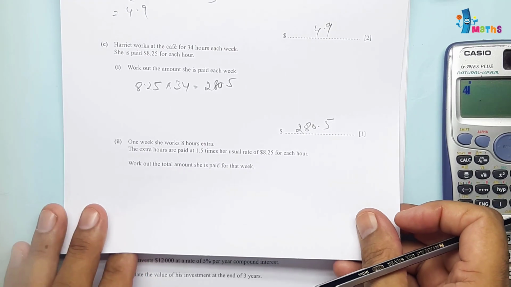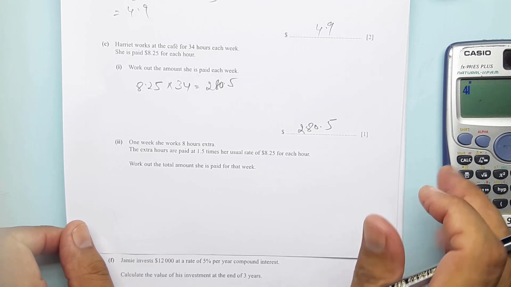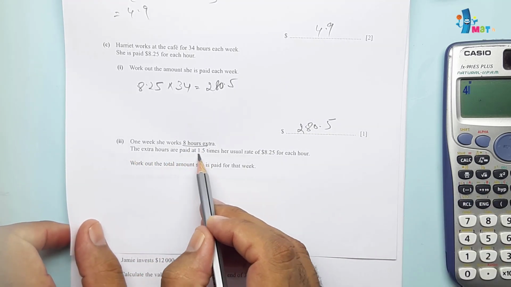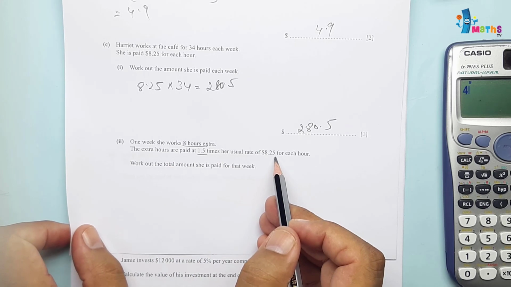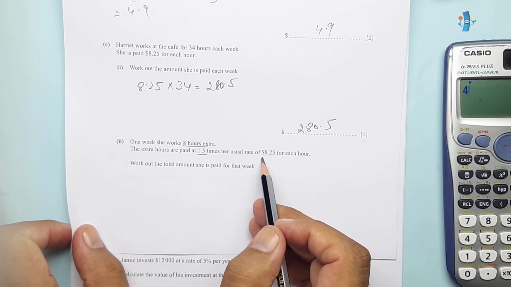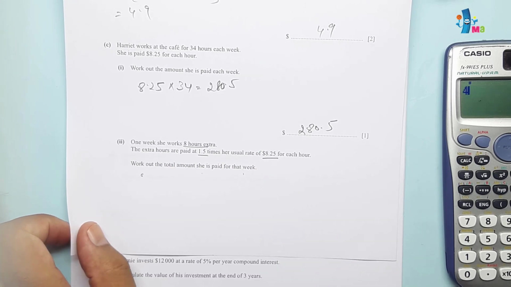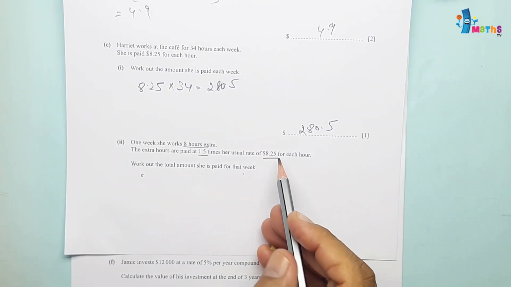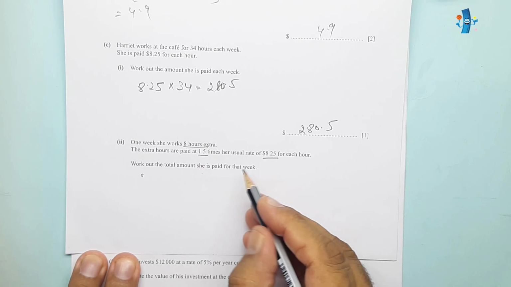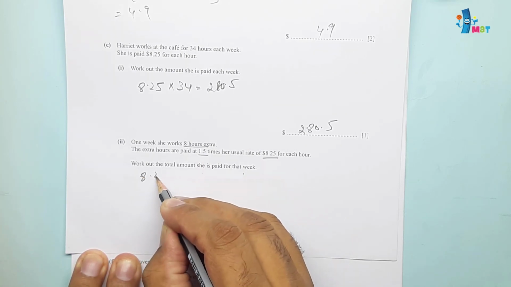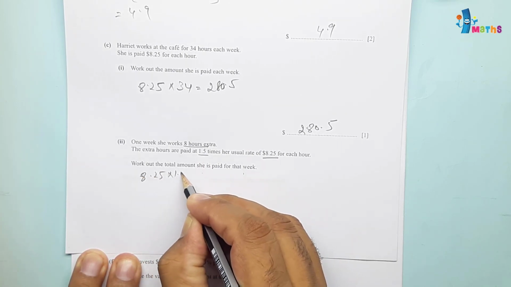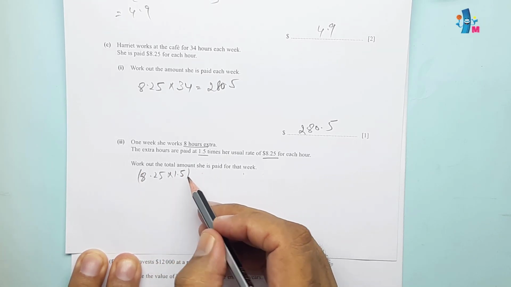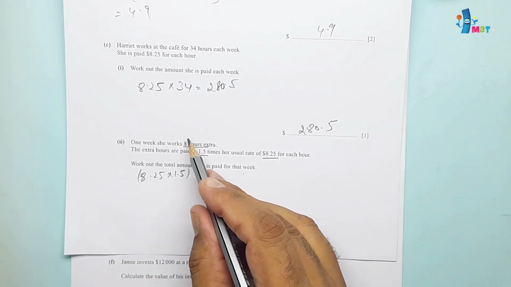In 1 week she works 8 hours extra. The extra hours are paid 1.5 times her usual rate, which is 8.25. So we calculate 8.25 multiplied by 1.5, and then multiply by 8 for 8 hours.